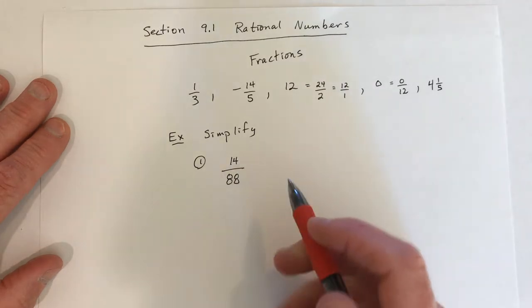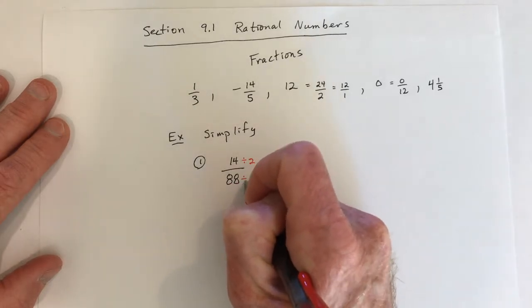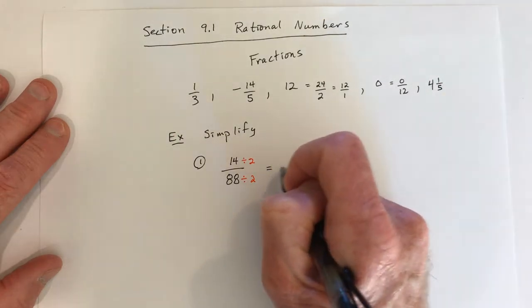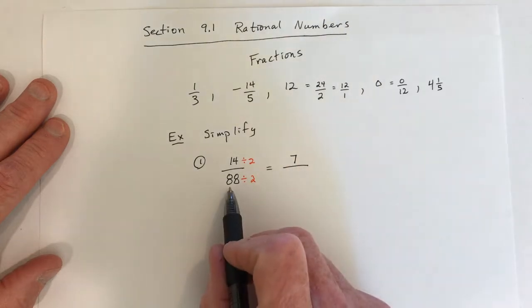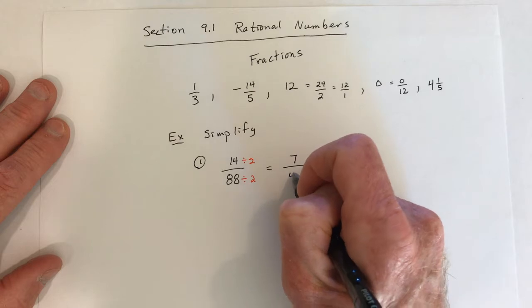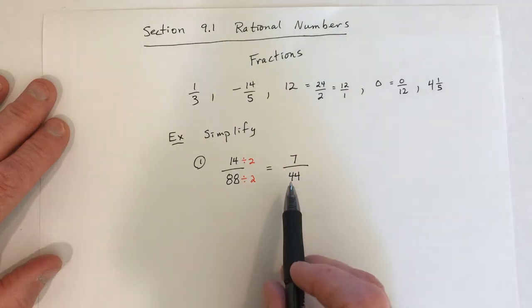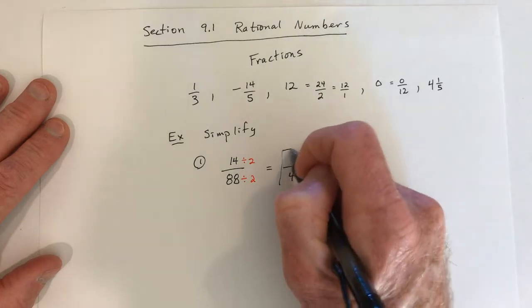So that means that each one could be divided by 2. And on the top, 14 divided by 2 is 7. 88 divided by 2 is 44. And with that being a 44, a 7 will not divide into it, so that means that this one is already done.